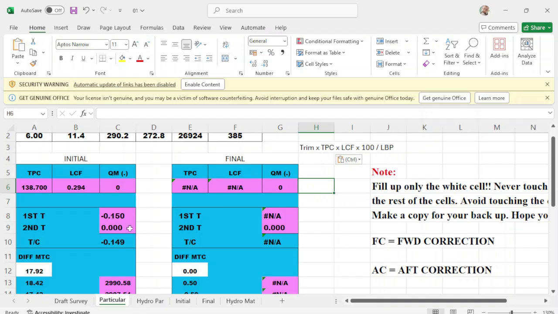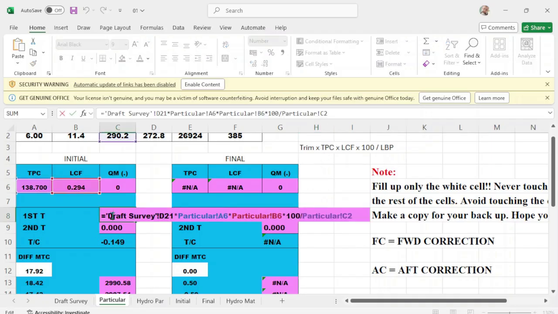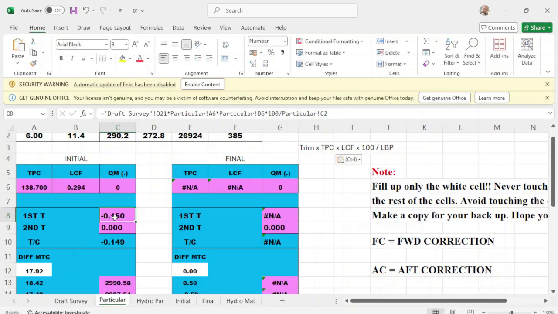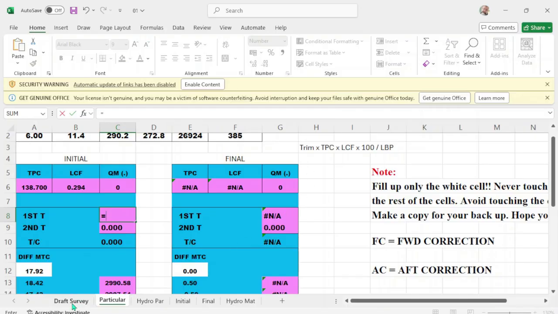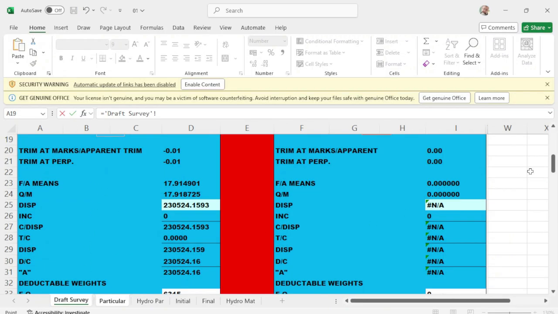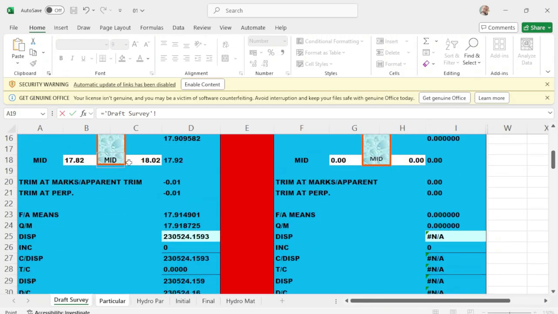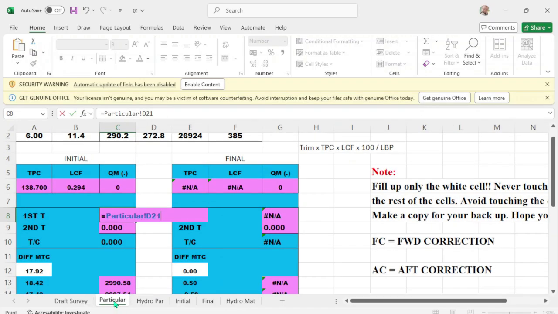So where's your trim? You put first equals here. Equals. I'm sorry. Put this, delete. Okay. So put here equals. Then it says trim. You go to your draft survey. You go to the initial. This is your initial, and this is your corrected trim or trim at perpendicular. You press this one, take note of this one, you press this one, there he goes. Then according to your formula, what's the next?